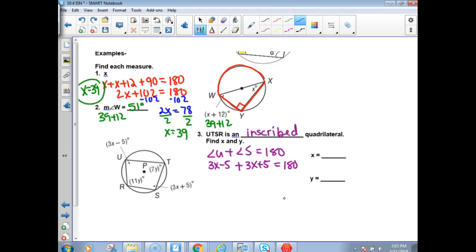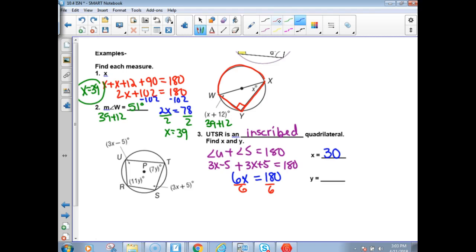Then you would add your x's. That'd be 6x. And minus 5 plus 5 is 0. So we got 6x equals 180. Divide by 6, and x is 30. You could go back and find the angles by plugging back in.